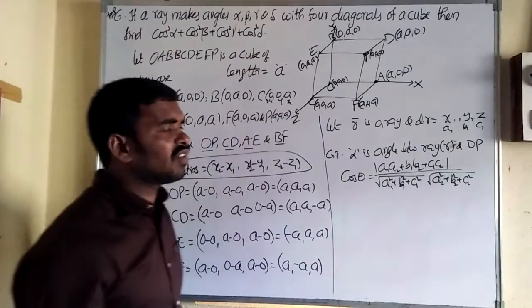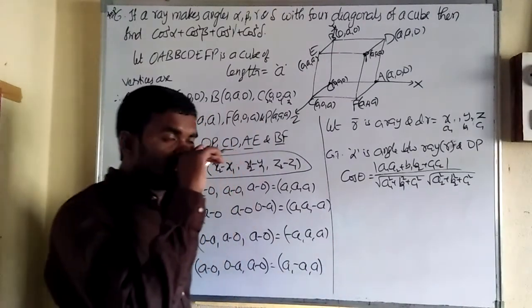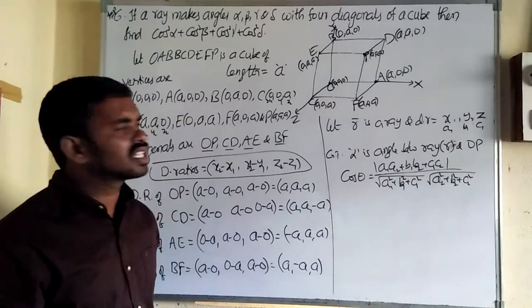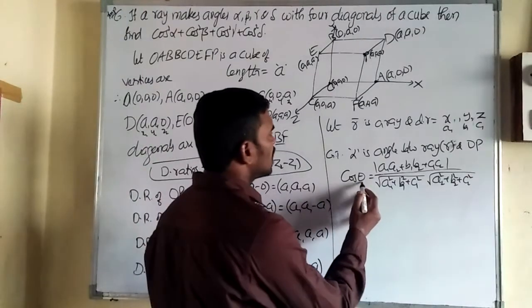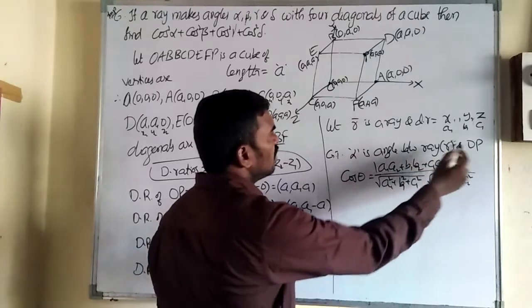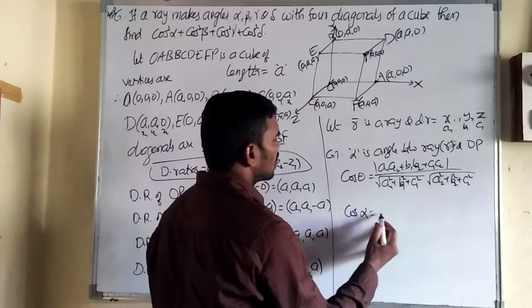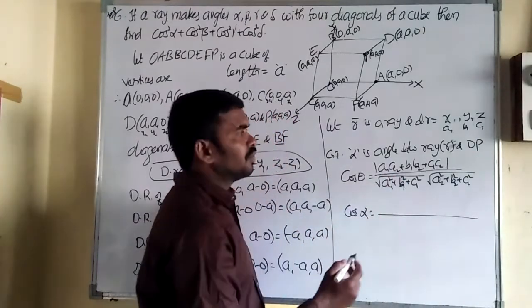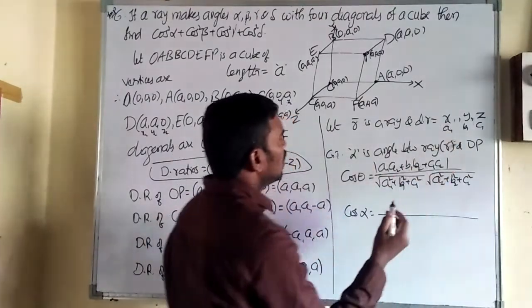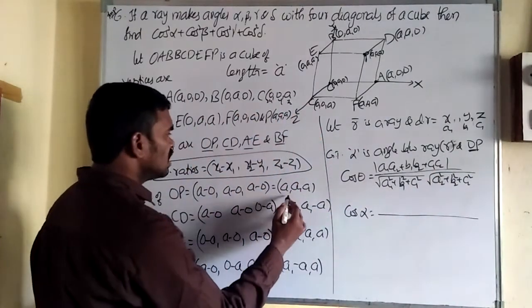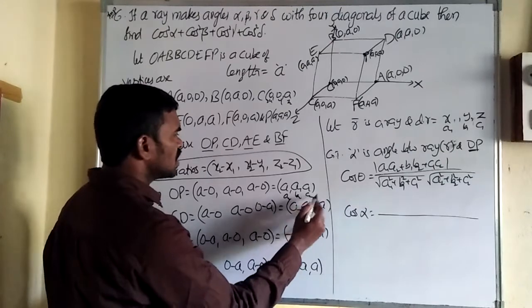Actually this is the angle formula between any two sides or diagonals or lines. What is theta? The angle between the ray and the diagonal is given as alpha. So therefore cos alpha equals a1 into a2. What is a1? x. a2 means the direction ratios of OP, taken as a2, b2, c2.